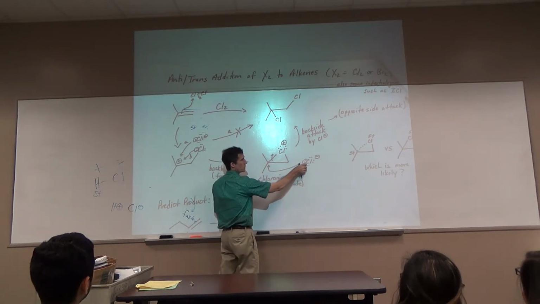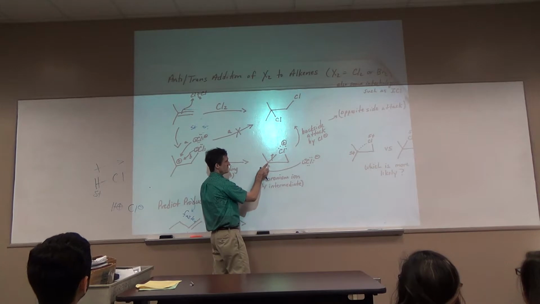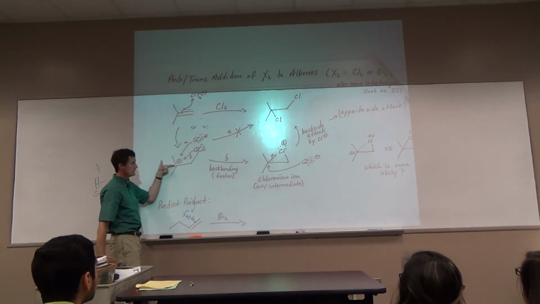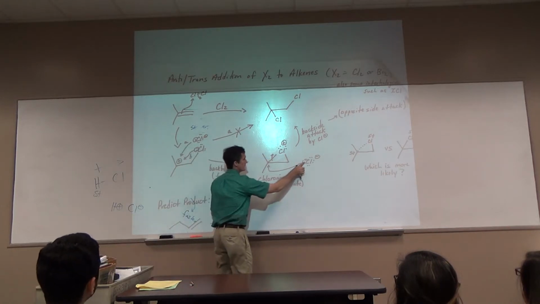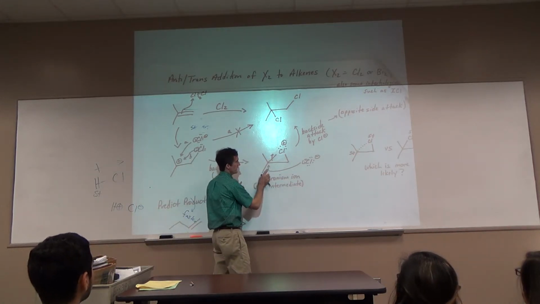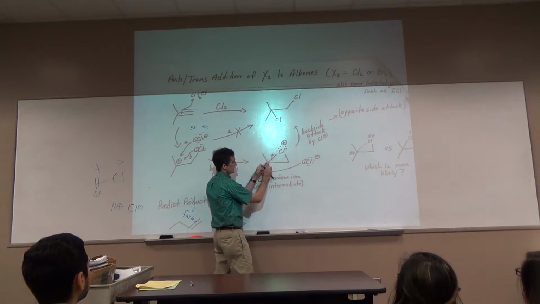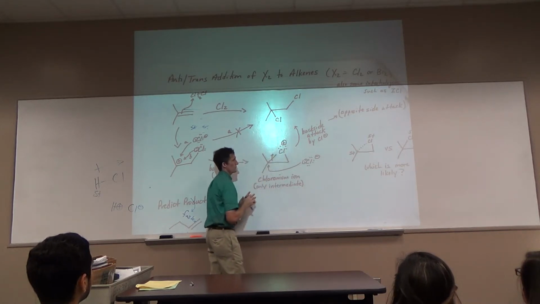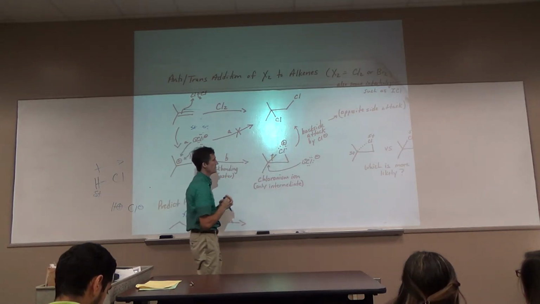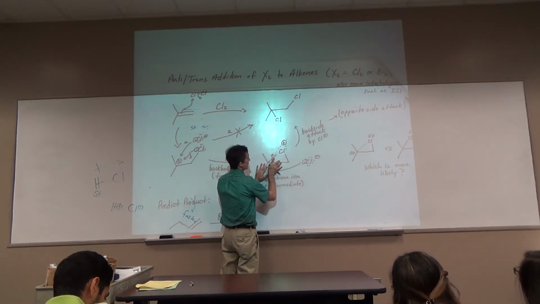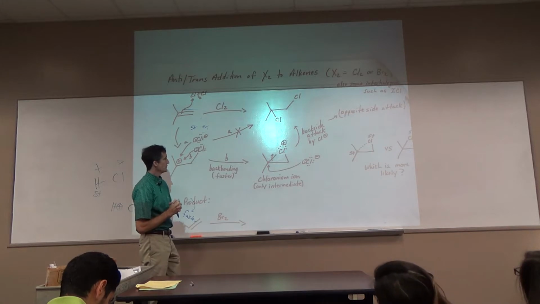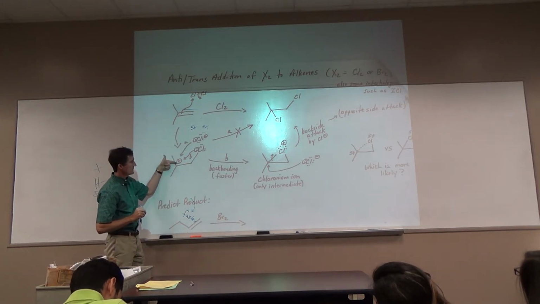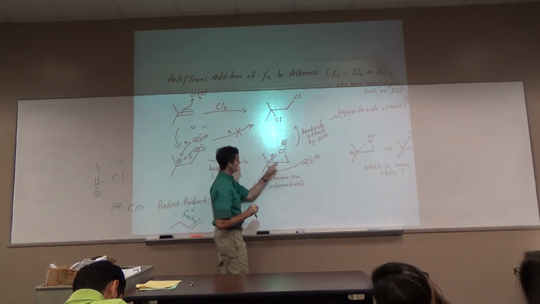This chlorine or chloride comes in, still attacks this carbon, the same carbon that it would have been if it attacked here. But it attacks the chloronium ion. It comes in here and attacks this carbon and kicks off this chlorine. And this arrow movement gives you your final product. So the chloride does not attack the carbocation, but it attacks the chloronium.